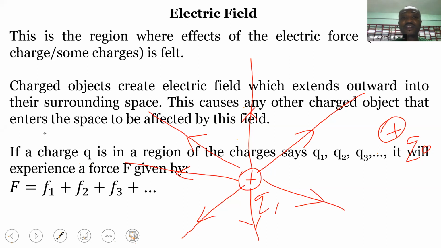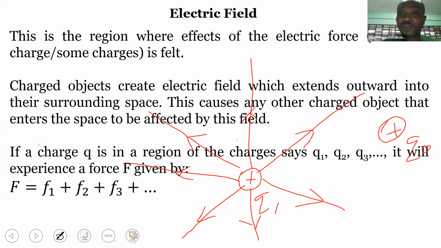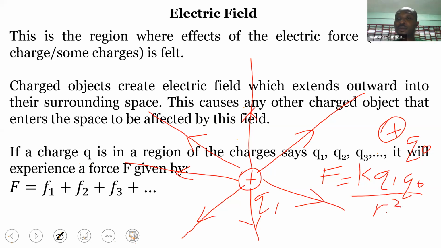So a simple way is to say the force, which we've defined before, is equal to F equals K Q1 Q0 divided by R squared, the square of the distance of separation between them.